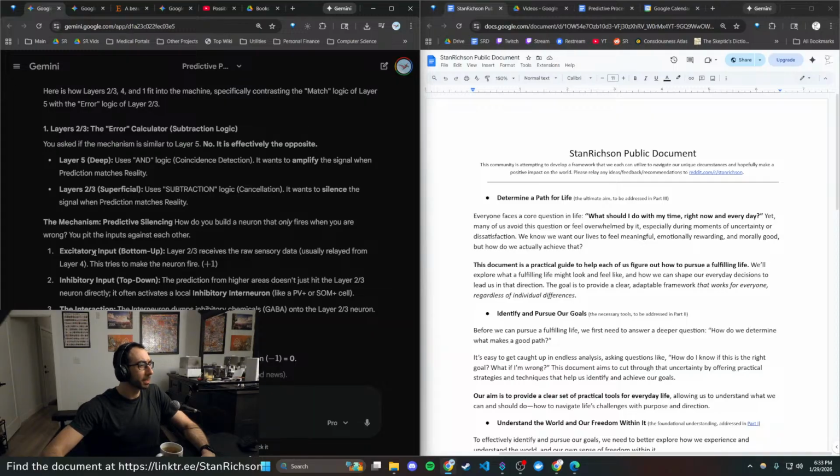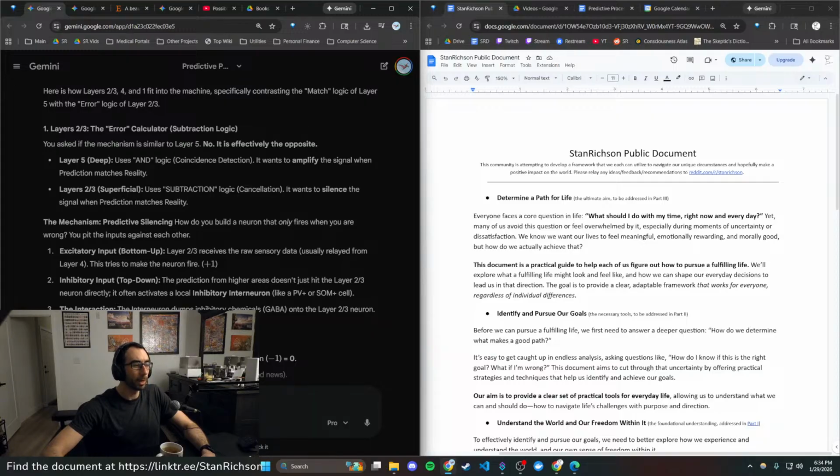So, the excitatory input, the bottom-up input: layer 2-3 receives raw sensory data, usually relayed from layer 4. This tries to make the neuron fire, +1. Inhibitory input, top-down, acts as inhibition. The prediction from higher areas doesn't just hit the layer 2-3 neuron directly.